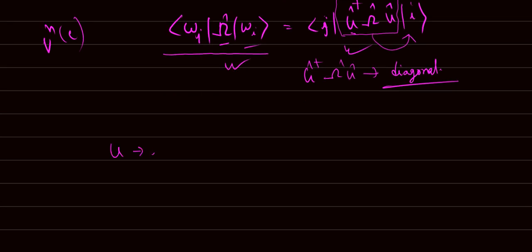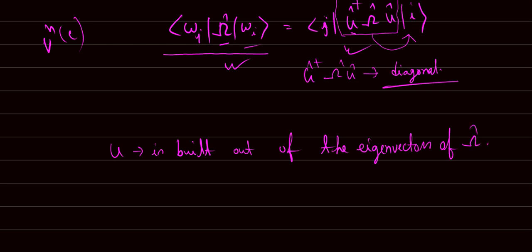So U is built out of the eigenvectors of omega.